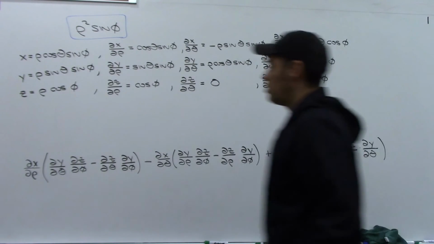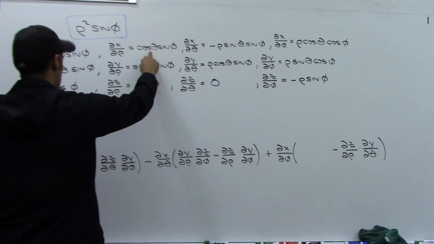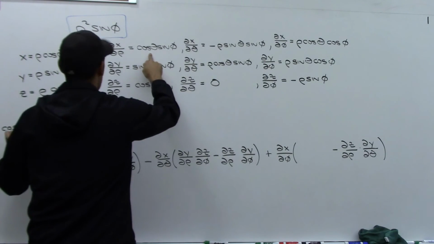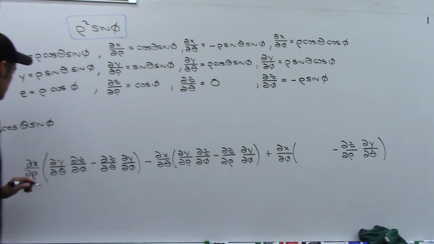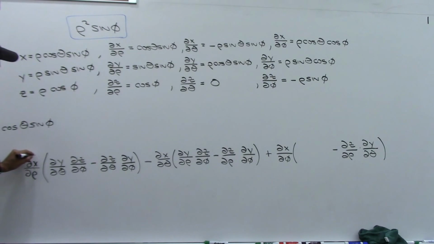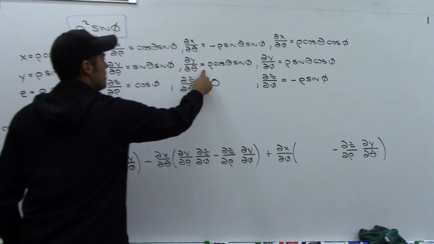All right. Partial of x with respect to rho. This right here. Cosine theta sine phi times, let me try and do this distributing all at one time. This times this. Partial y with respect to theta is right here.